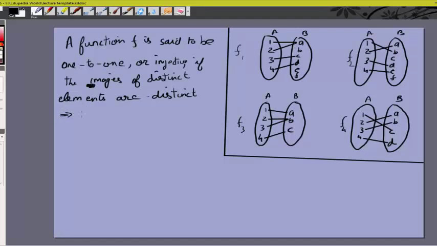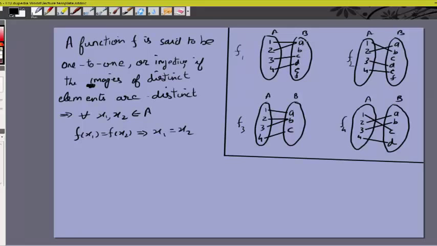Which means for all x1 and x2 belonging to A, f of x1 equals f of x2 means x1 equals x2. Now this is the inverse of what we were talking about. Right, we said that every x has to correspond to one value of y, but every y does not have to correspond to one value of x.